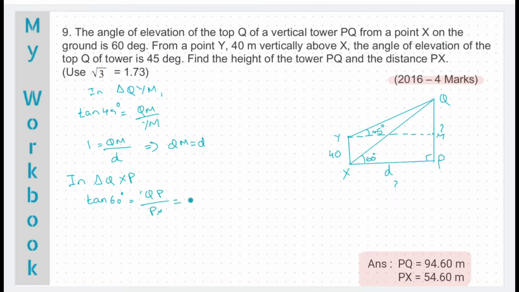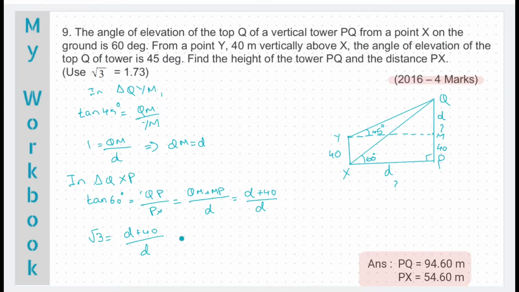Now QP we can write as QM plus MP. QM plus MP divided by PX, which is D. Now MP will be the same as XY, which is 40, and QM we just found as D. So this will be D plus 40 by D. Tan 60 is root 3. So root 3 is equal to D plus 40 by D.